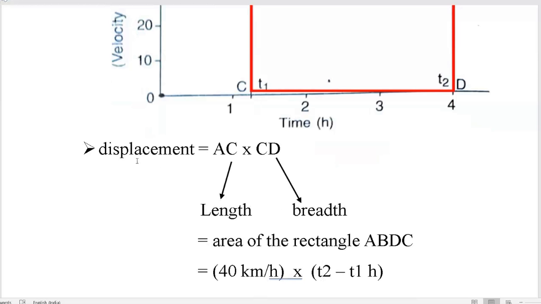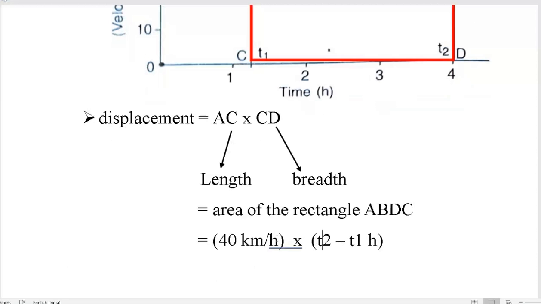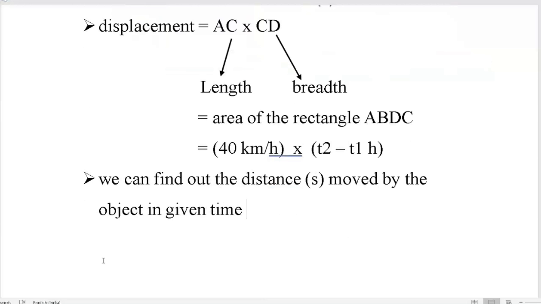So from this we can say that displacement here is nothing but the area of the rectangle ABDC. And we know that AC is 40 km per hour and CD is the difference of T2 and T1. This is how we can find out the distance S moved by the object in a given time.